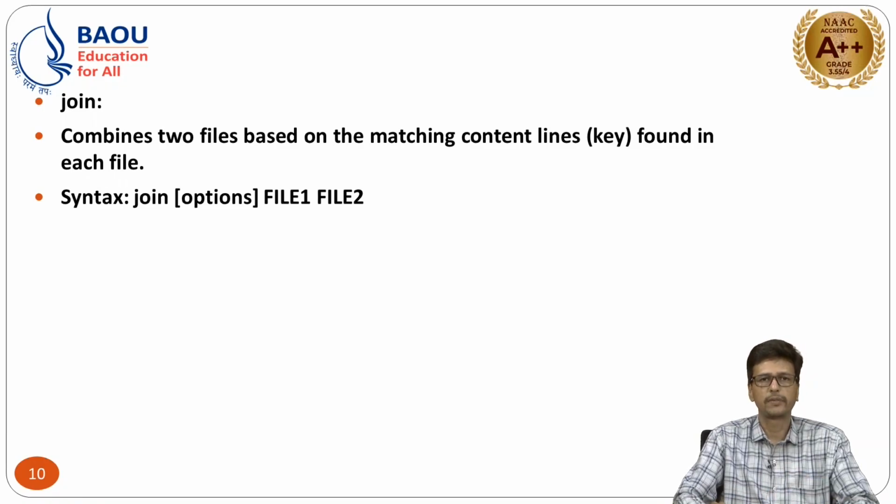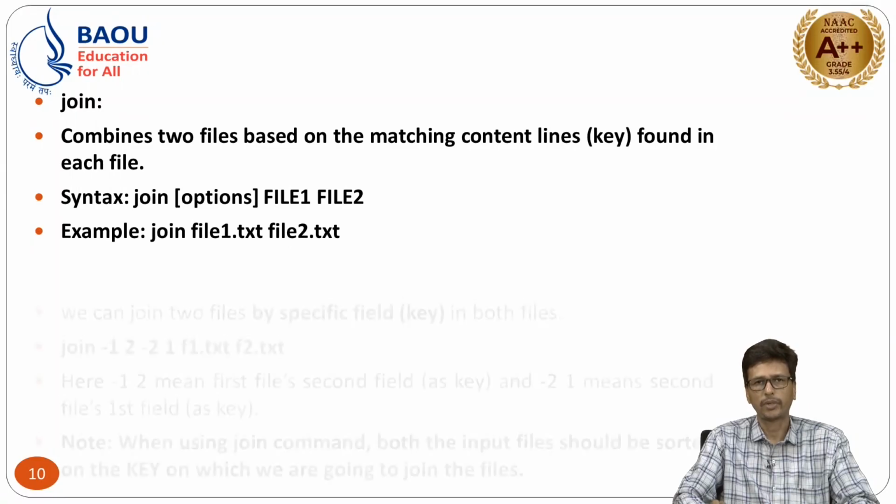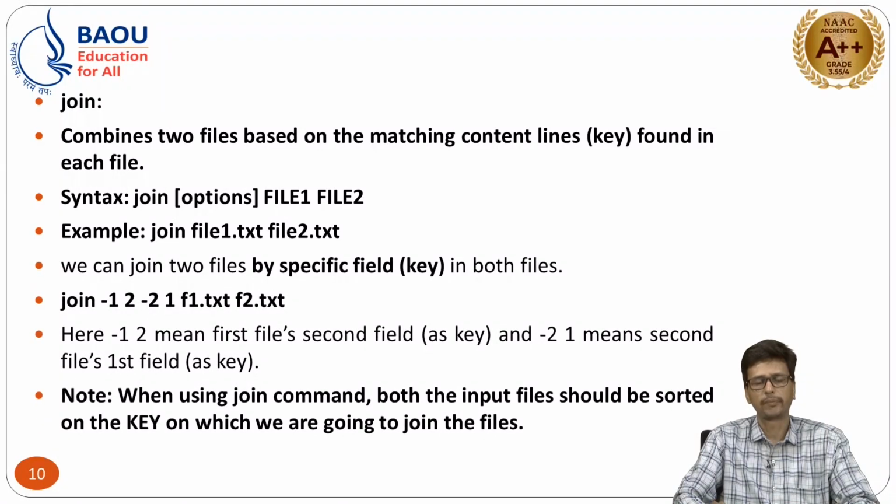Now the syntax is given on your screen: join, then file 1 and file 2. Here we can apply it practically, but before that, observe join, then -1 space 2. What does it mean? The 1 represents the first file and the 2 represents the key field, the second field.